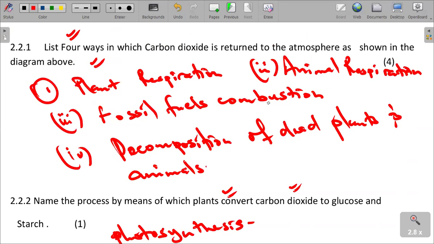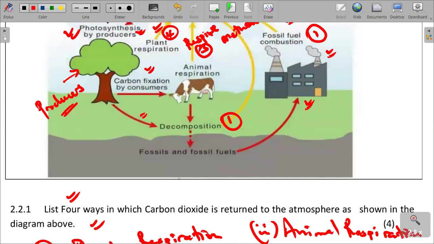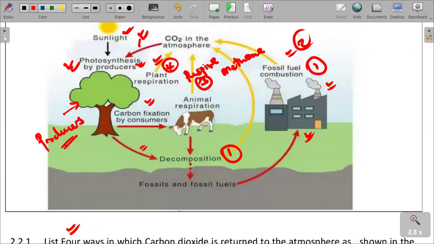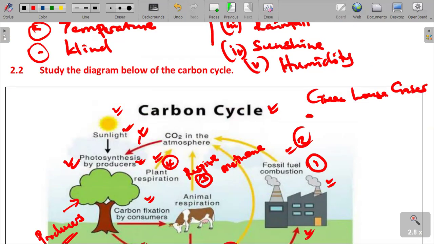So, class, thank you very much for your time. And I hope that you are going to benefit quite a lot from this revision work. You can actually see this carbon cycle is quite understandable and explicit, and we can really relate to and make sense of it.